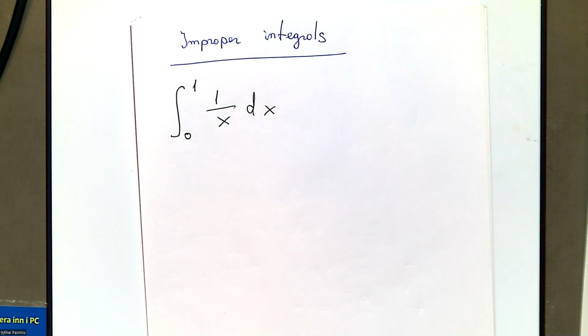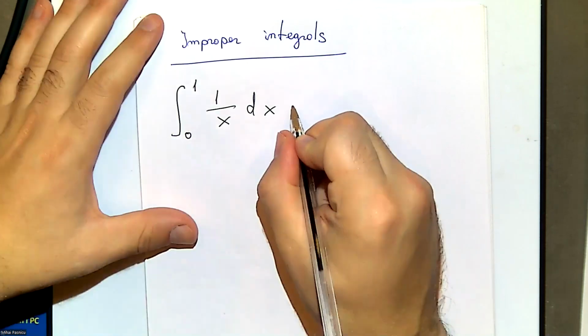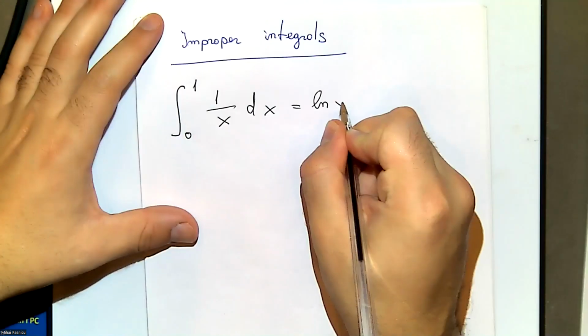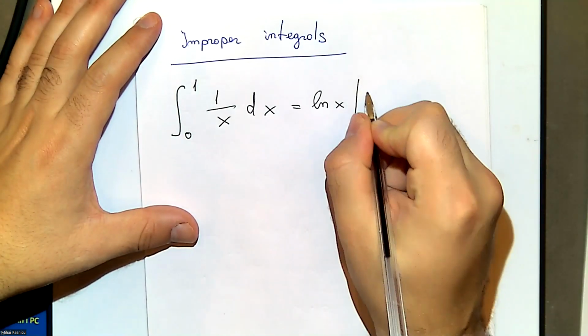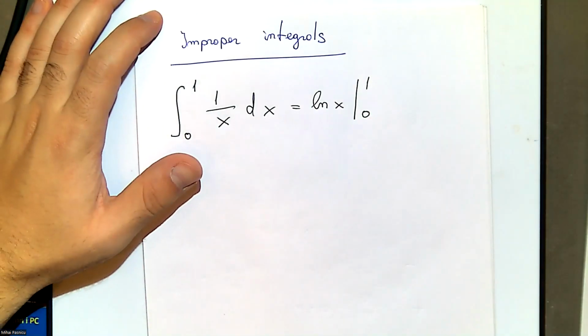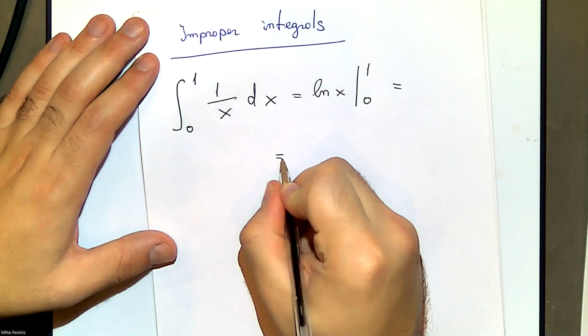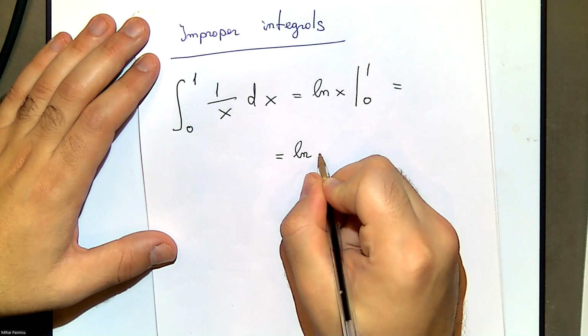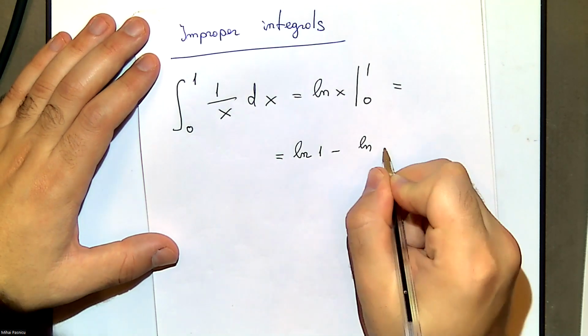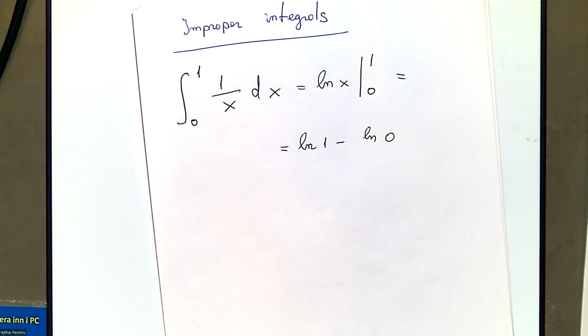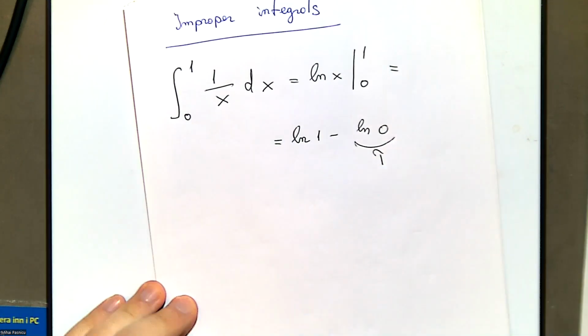This is intrinsically simple. We've done it. You know that this is ln of x from 0 to 1. So this is equal to technically ln of 1 minus ln of 0. And here comes the problem. This thing is not defined.